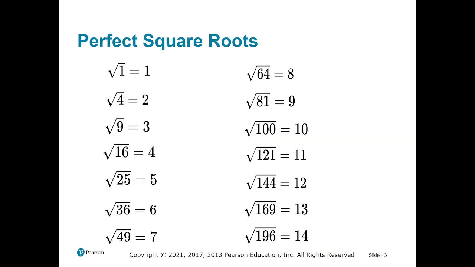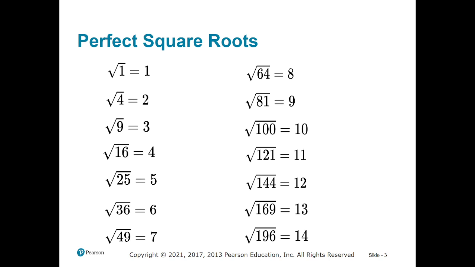So before we get into it, I first want to bring up this graphic of a bunch of perfect square roots. So we've said before that a perfect square number is a number that we can write as some number raised to the 2 power, right? So like 1 squared is 1, and in turn the square root of 1 is also 1. Okay, for another example, we've got square root of 4 equals 2 on this list.